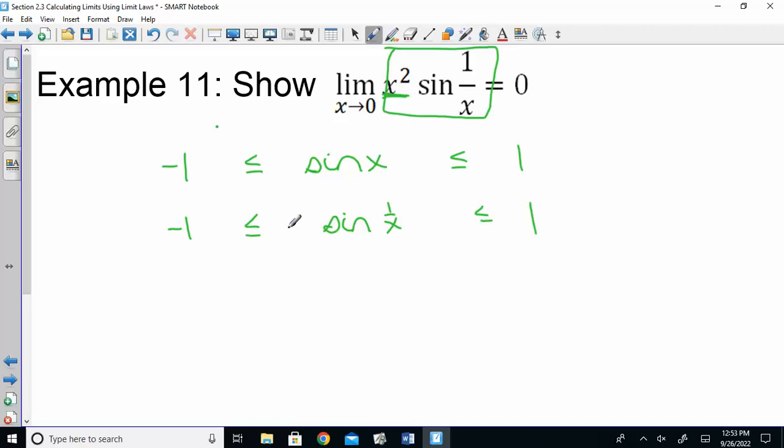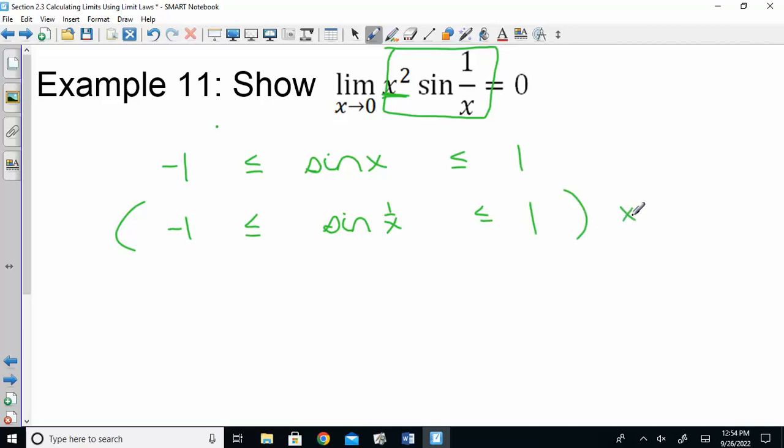Now, I can't just throw an x squared out in front and assume it's still going to be between -1 and 1, because the coefficient changes the height of our graph. But x squared is a positive number, right? So would it be legal to multiply all of these by x squared? It won't flip my inequalities because it's still positive.